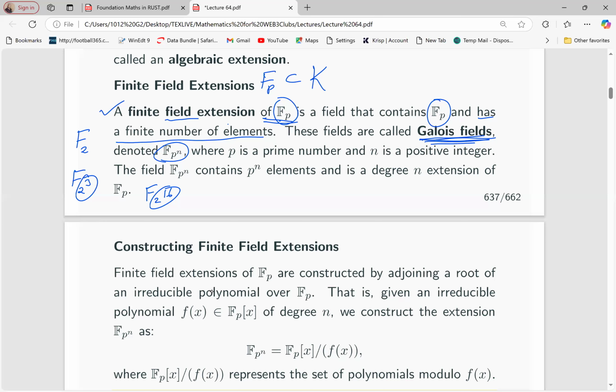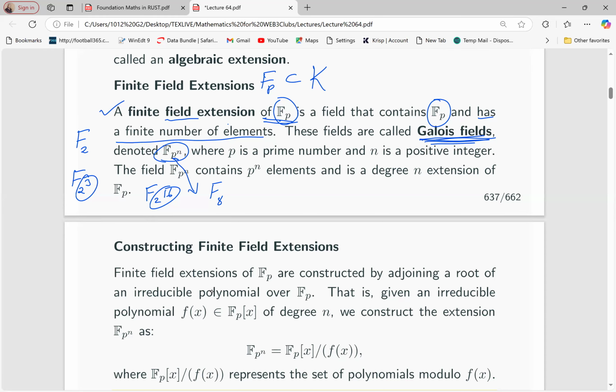In this case, our number here is prime. So we cannot have something like 8 here, because 8 is not prime.